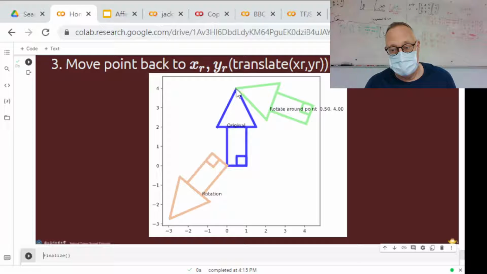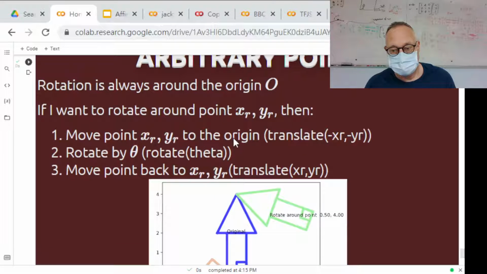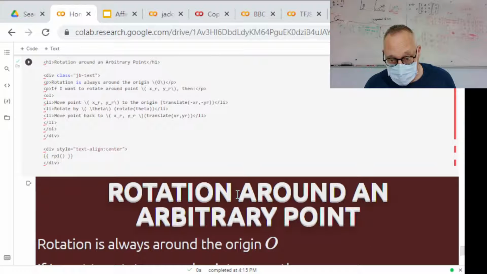I can take that point, move it here, rotate by 140 degrees, and then shift everything back. So now this is the point where everything rotates around.